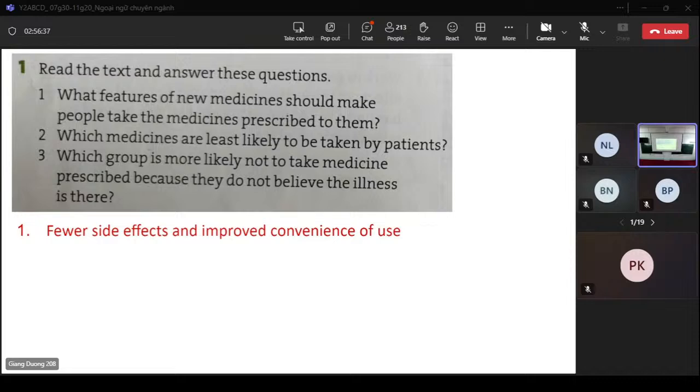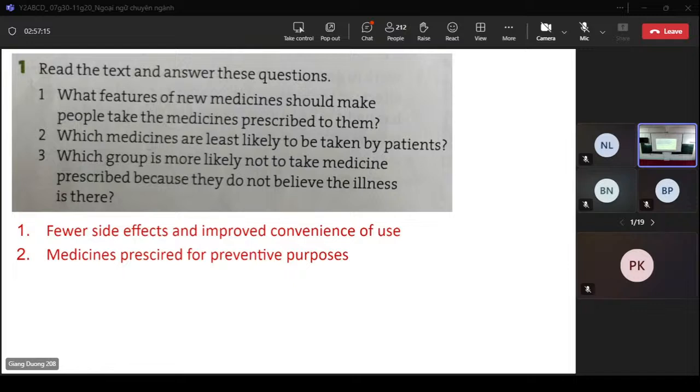What kind? The first sentence of paragraph 2. That's it. Medicine for preventive purposes. Okay. Tức là cái loại thuốc để phòng ngừa thì thường là bệnh nhân sẽ né xài. Được chưa? Người ta hỏi là cái loại thuốc nào thì ít được uống bởi bệnh nhân. Thì đó là loại thuốc phòng ngừa. Còn thuốc điều trị thì thường là bệnh nhân sẽ cố gắng tuân theo nhưng mà tuân theo không hết thì gọi là poor compliance.